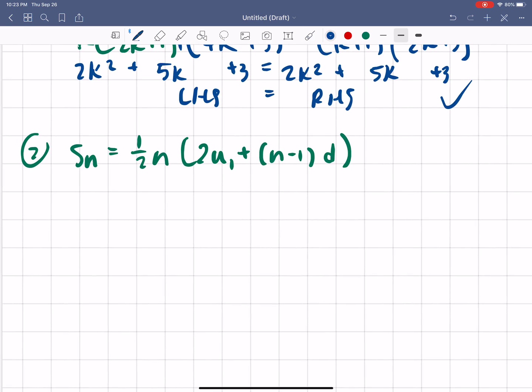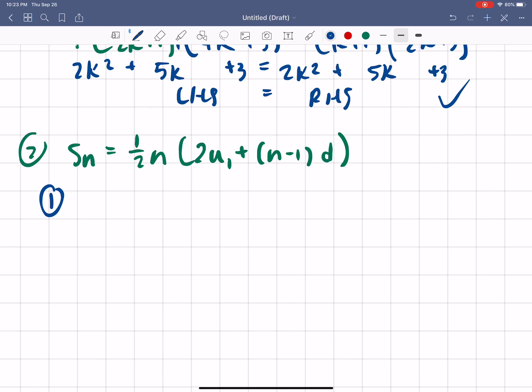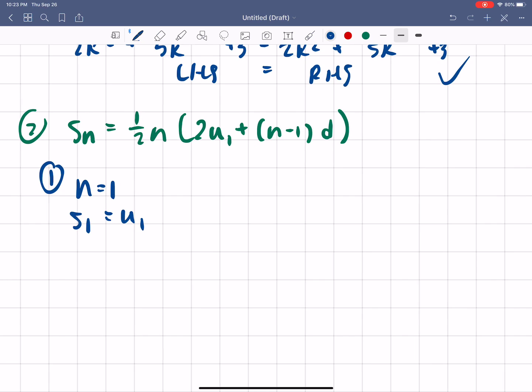And so our first step would be assuming n equals 1. And if we assume n equals 1, that would mean that our S1 would equal u1. So by plugging in n as 1, we need to show that S1 equals u1.